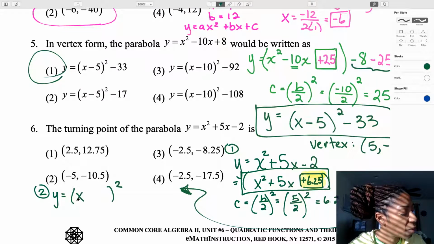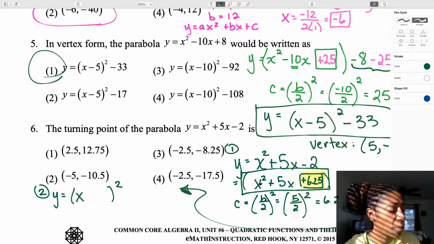Well, I know my first term has to be x, because my first term is x squared. And this, I'll take the square root. Just like up here, to get 5, we just took the square root of 25. I'm going to take the square root of 6.25. But just think, how did we get this 6.25? We squared 2.5.